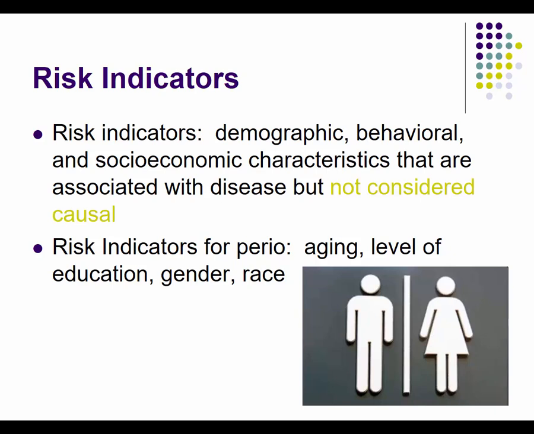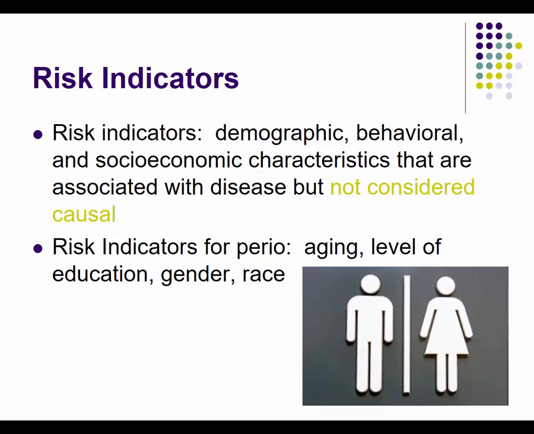Okay, so here's where we're going to talk about the difference between risk indicators and risk factors. A risk indicator is like a demographic or behavioral characteristic that is associated with higher rates of disease. Not causative in and of itself. Just because you're male doesn't mean you're going to have perio. It doesn't work that way. Just because you're low socioeconomic status doesn't mean you're going to have perio.